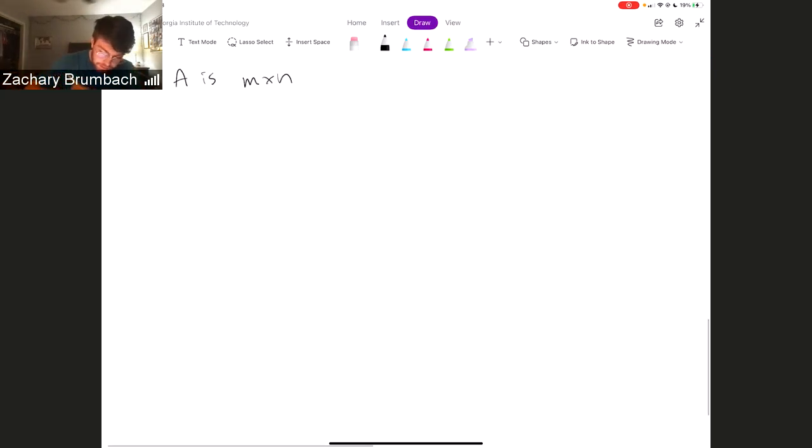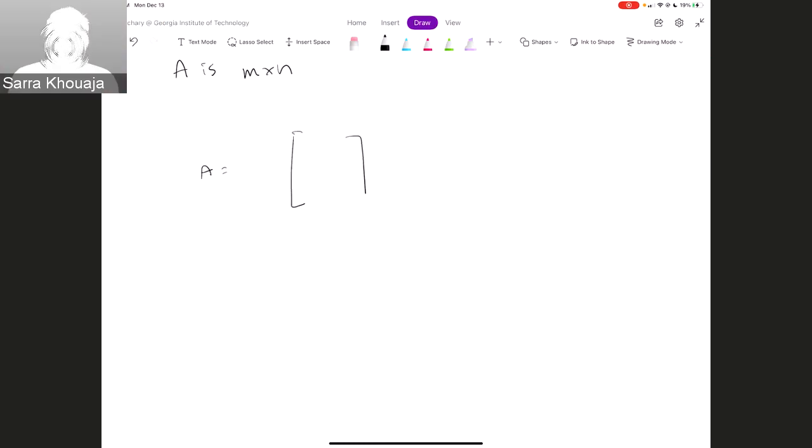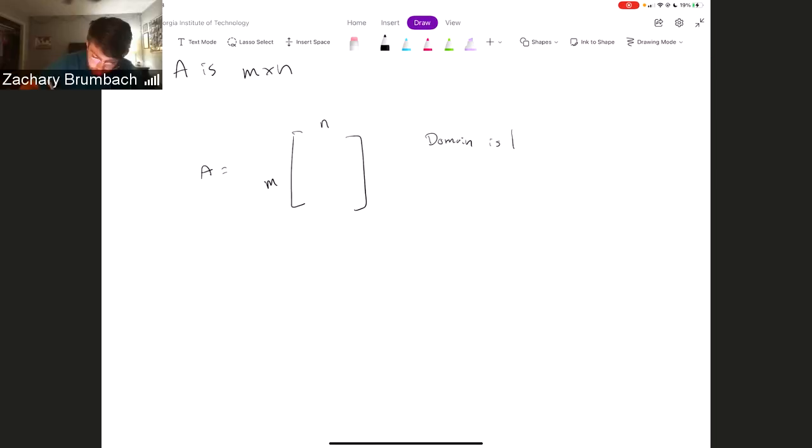But regardless, so A is m by n. So let's call A m by n, m is rows, n is columns. Okay? So from here immediately, we know the domain is Rn. Okay? That's where we start. That's where x lives. All right? Domain is where x lives.